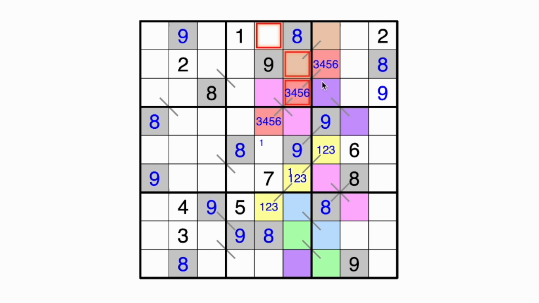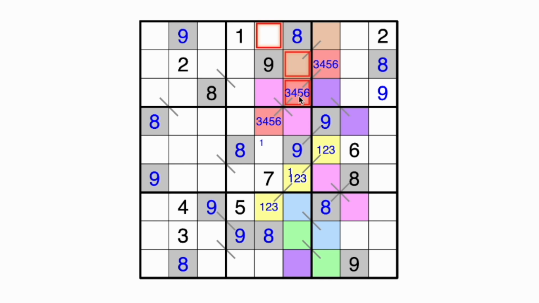Do any of those cause problems? Red doesn't see the 5 in any way. Brown doesn't. If this were a 5, then we would need to have a 5 here in this box. But that's a contradiction because then this would also be a 5 and we have 2 5s. So 5 is not here.